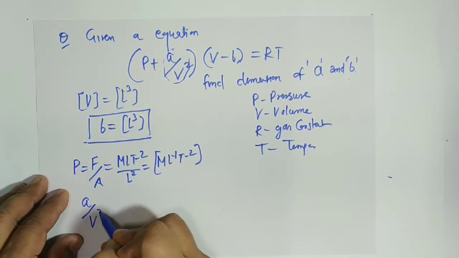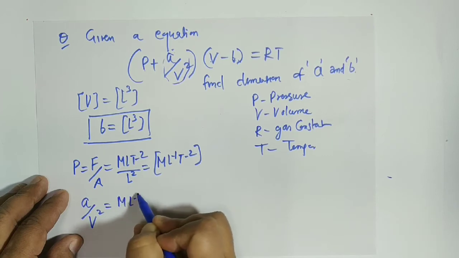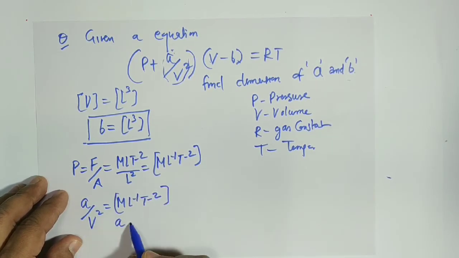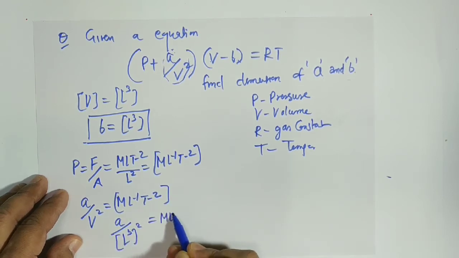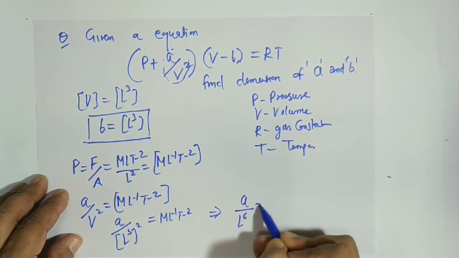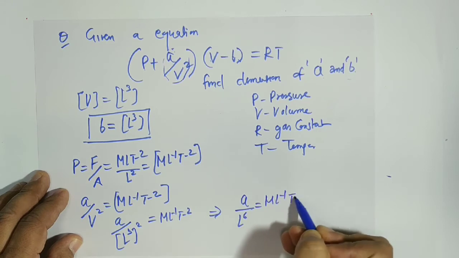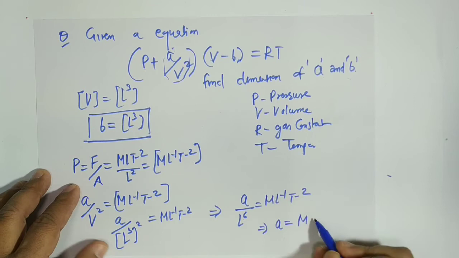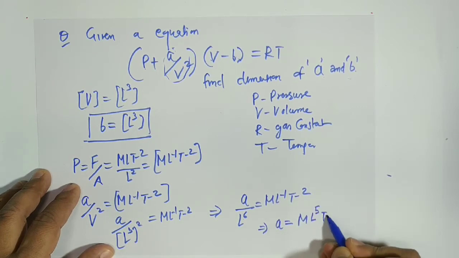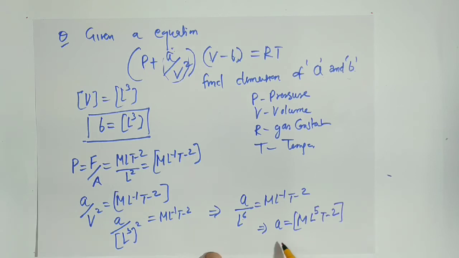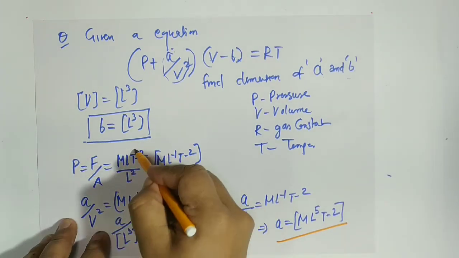That means A by V square should be equal to M L minus 1 T minus 2. Then V is L cube, squared, so A is L6 times M L minus 1 T minus 2. Then L6 combines and it becomes M L5 T minus 2. So this is how we calculate the dimension of A and B.